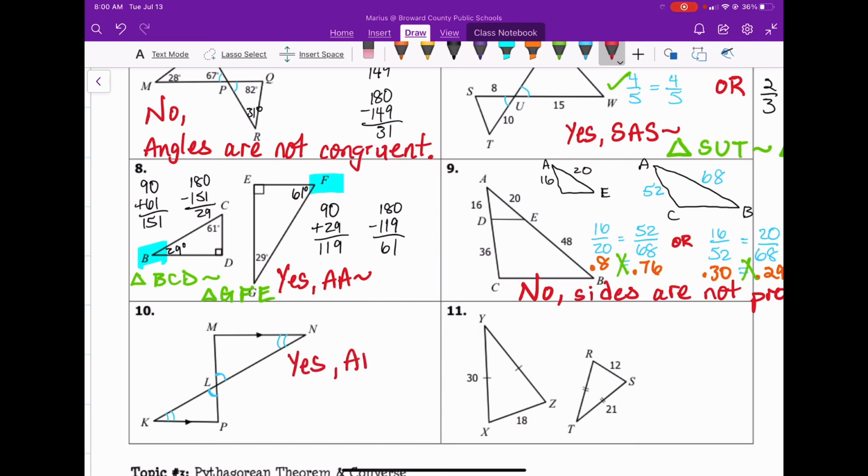Because of angle. And we should be able to write our triangle similarity statement. So triangle MNL is similar to triangle PKL.